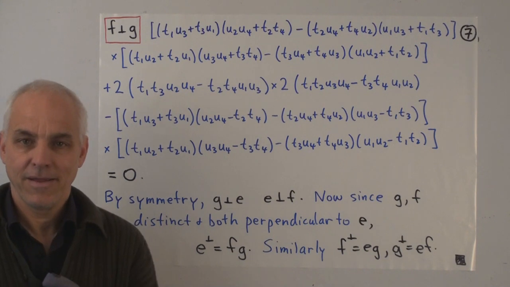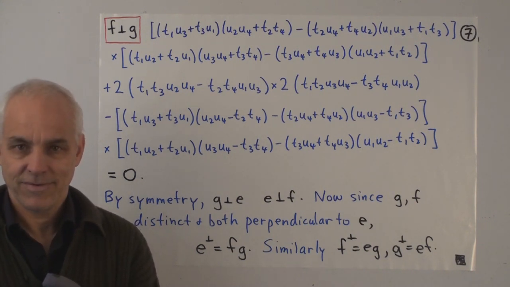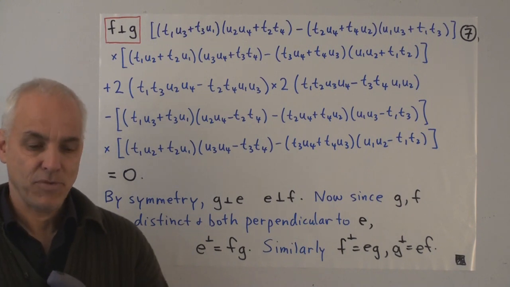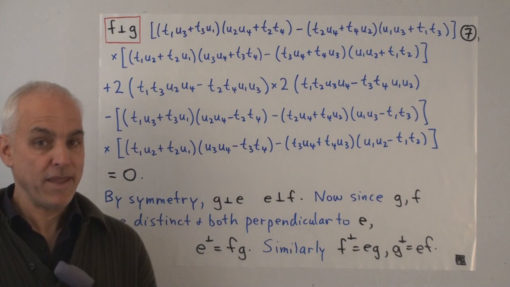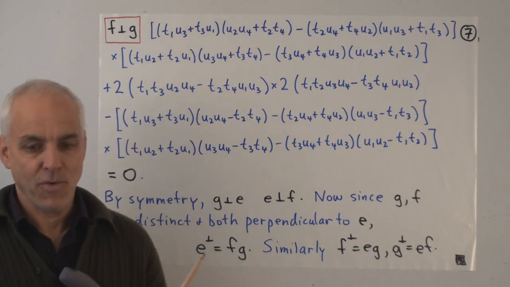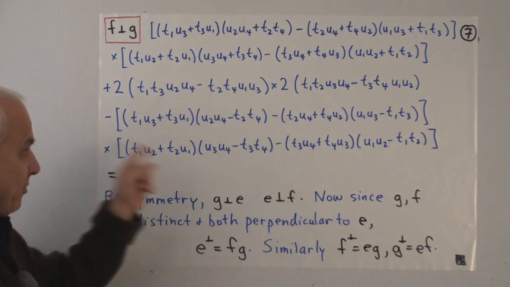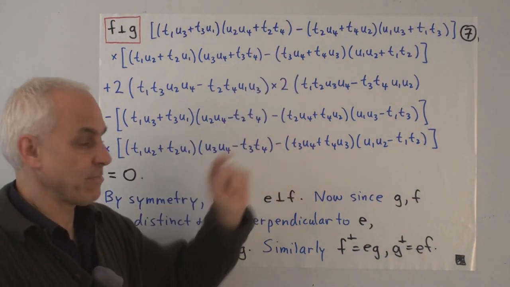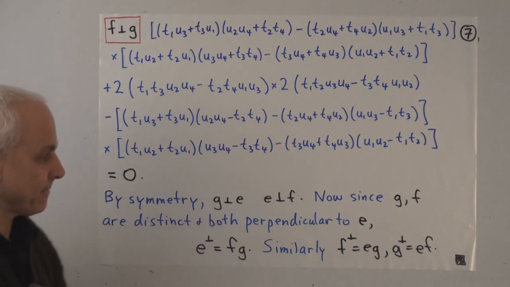And that's why Apollonius's polarity result works. This is a proof of it, a purely computational proof that essentially involved no thinking. We didn't do anything clever, we just computed, but you have to put some work in to expand this out and to simplify it.